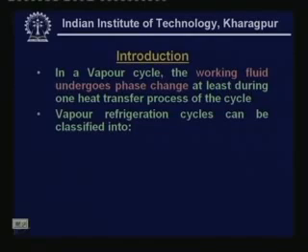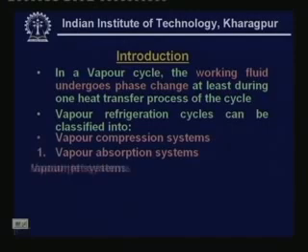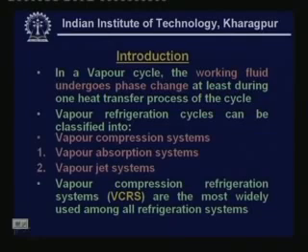Vapor refrigerant cycles can be classified into vapor compression systems, vapour absorption systems and vapour jet systems. Among these three, the vapour compression refrigerant systems are the most widely used among all the refrigerant systems in fact.